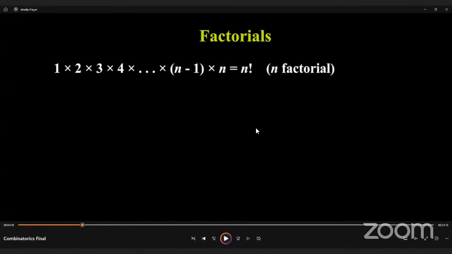So n factorial is defined as 1 times 2 times 3 and so on times n.